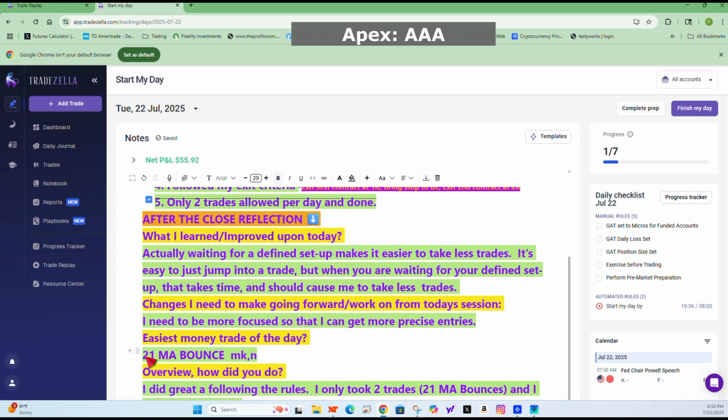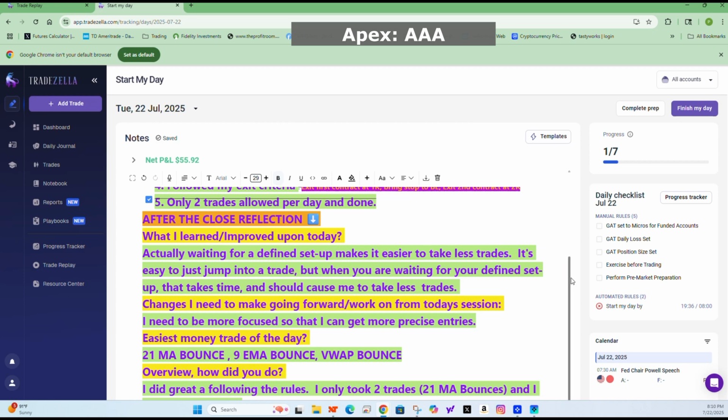Easy money trade, we had the 21 bounce, 9 EMA bounce, and the VWAP bounce. So, I mean, all of those are in confluence.